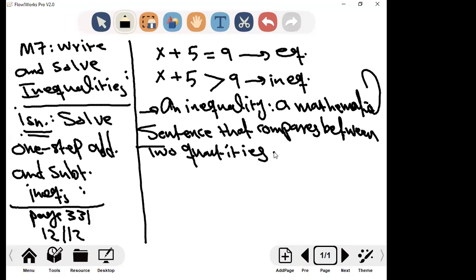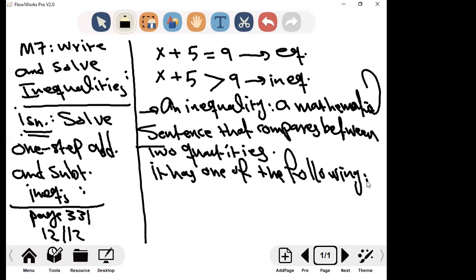When we have a sentence that compares two quantities, we call it an inequality. It contains one of the following symbols: less than, more than, less than or equal, more than or equal. To understand the difference between less than or equal and more than or equal, focus on the board, please.